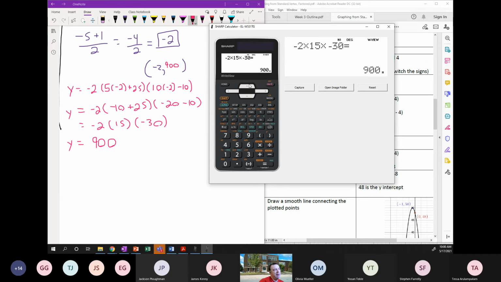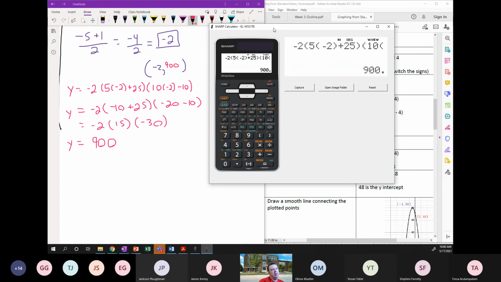Now, if you have a nice calculator like this, instead of doing all these intermediate steps, you could just plug it in all at once. -2 bracket 5 bracket -2 bracket plus 25, close your bracket, start a new bracket, minus 10. And boom, it'll give you all of it at once. So that's a nice thing about having one of these calculators.